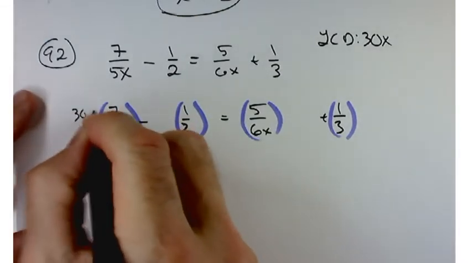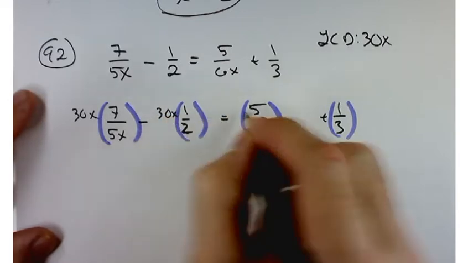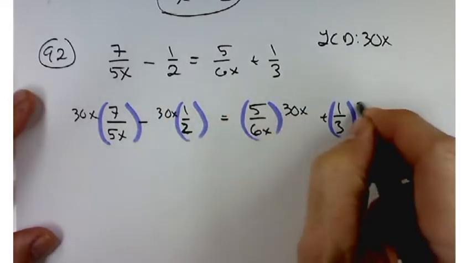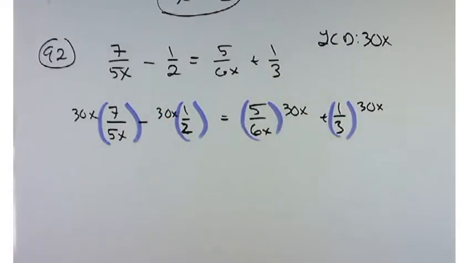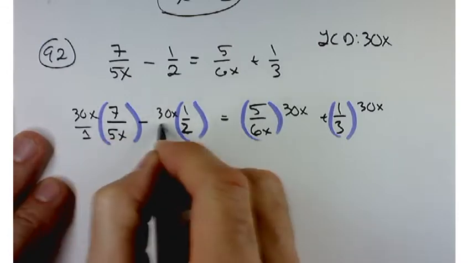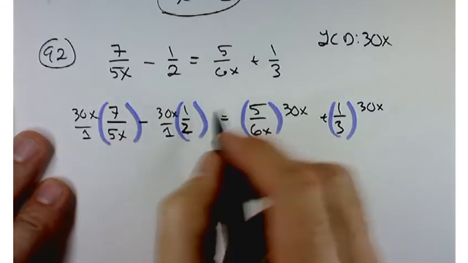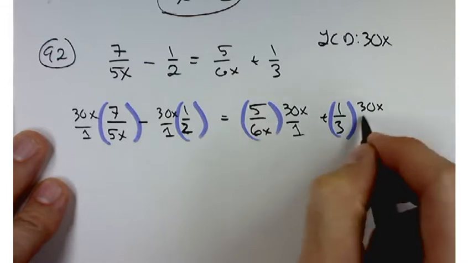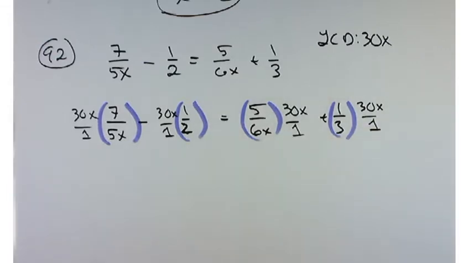So 30x, 30x, 30x, 30x. Does it help you if I put it 30x over 1? Does that help you keep it straight and do that cancellation? Alright. So let's put that there. There's a lot of cancellation.